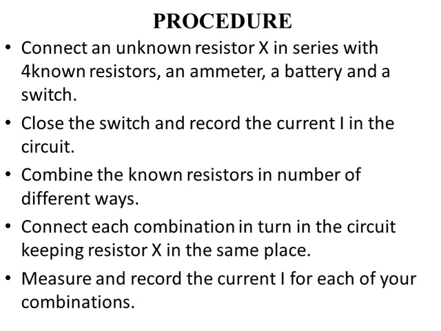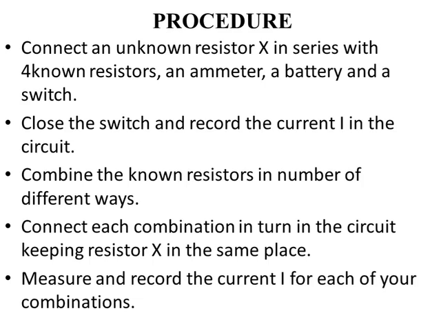Now the next one says combine the known resistors in a number of different ways. Connect each combination in turn. You have those 4 known resistors given to you now. Either you are trying to connect them directly in series or in parallel.